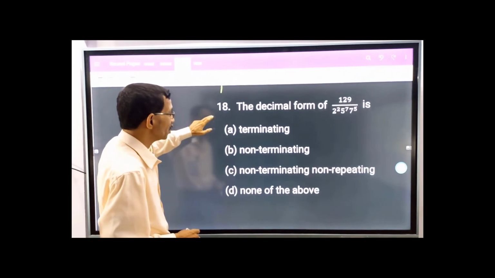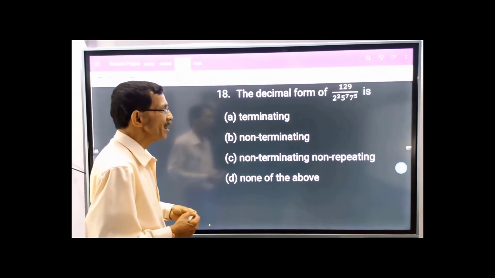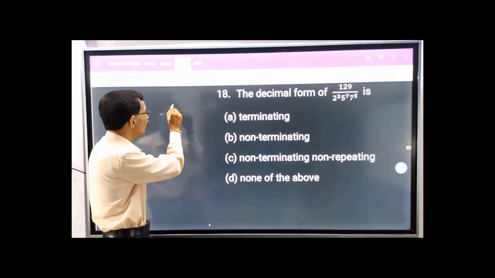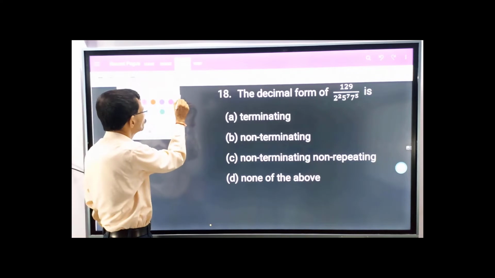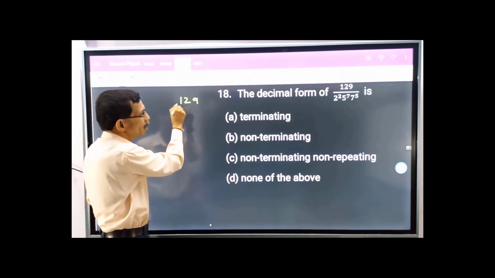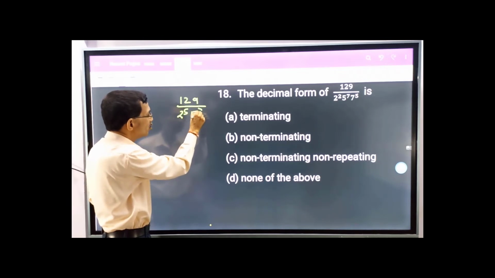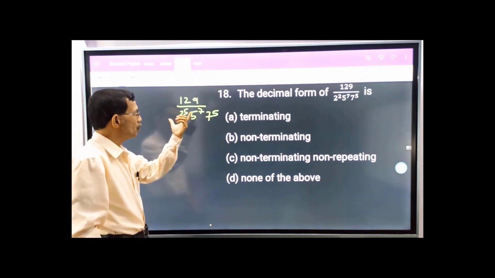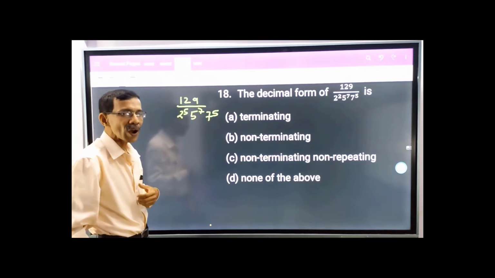Question number 18 here. The decimal form of 129. So let me write this. 129 divided by 2 raised to 5, 5 raised to 7 into 7 raised to 5. Now these can be made of the type 10 raised to x, but this 7 raised to 5 remains.